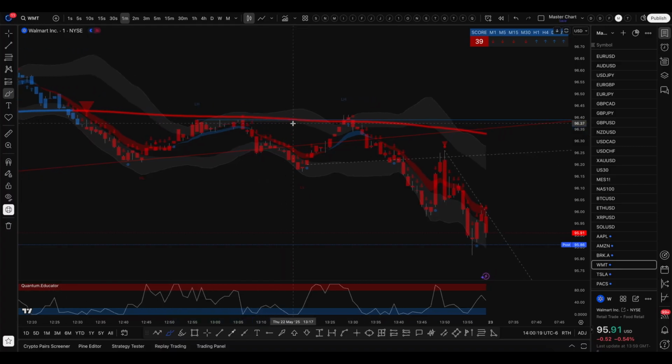And then we simply look for either a red microwave dot or a red triangle, which stems from our micro pullback tool. So in this specific example, price moves into the upper range of our volatility, and then we get a red dot indicating a potential sell. And we can see that once again, price pulls back up against that trend.